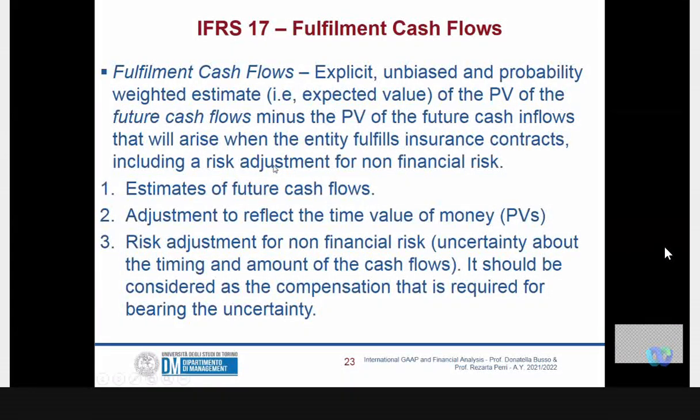Remember, step 1, forecast or estimate how much you will pay. Step 2, bring the future cash flows to the present by discounting them. Step 3, include a non-financial risk element related to the market, timing, amount. And that is also something that usually is not done by accountants or managers, but by actuarial employees that work in this special sector that deal with forecasting and foretelling many things for the future.